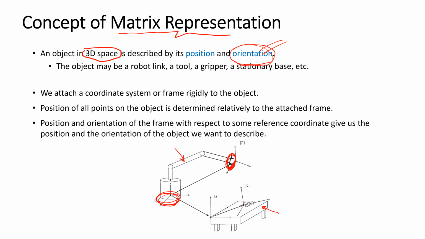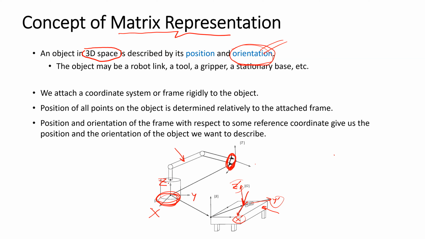know its position. We know its position by a position vector that describes this position. And we know its orientation. How can we know its orientation? We need to find some way to relate the direction of the X prime, Y prime, and Z prime to the global position described by the X, Y, Z directions.